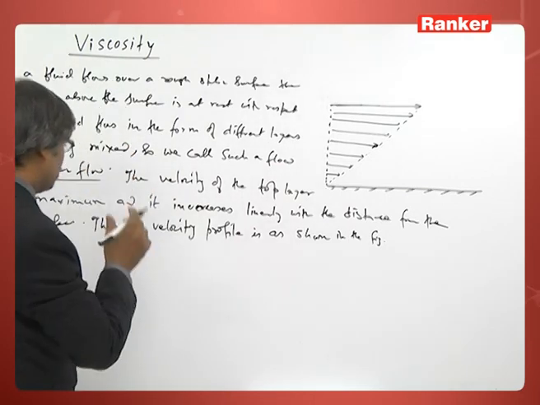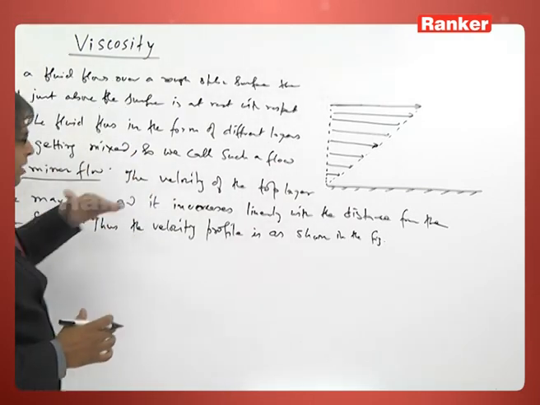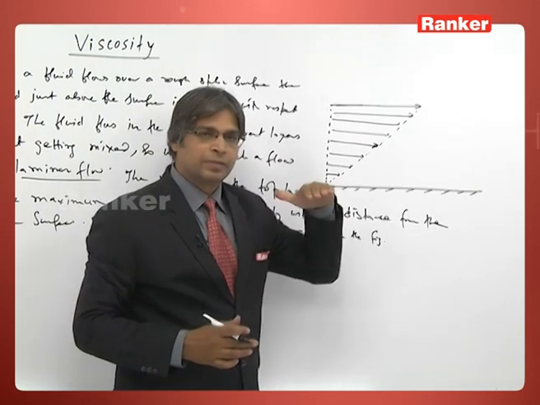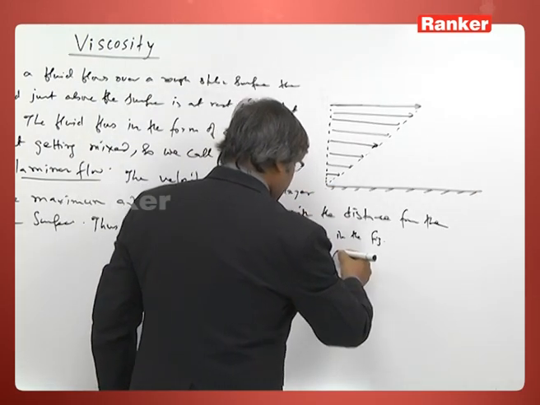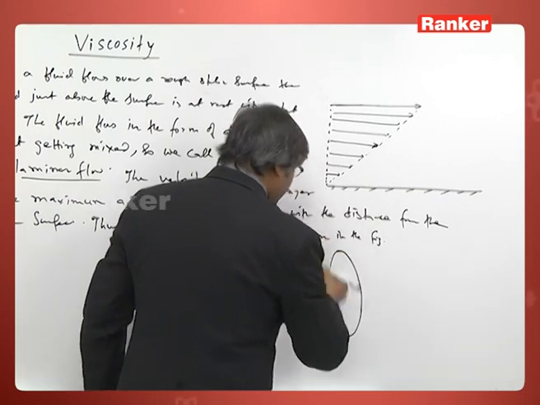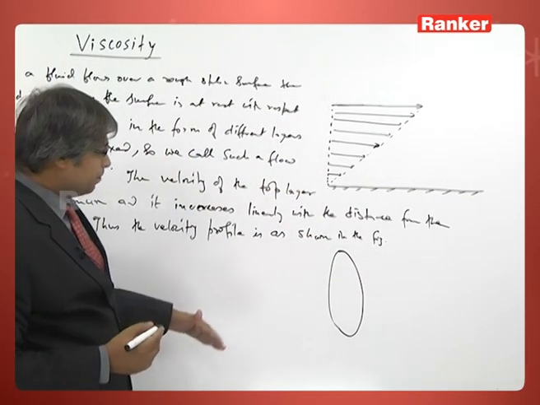Now, this is when the surface is a plane surface, but if we have a tube, what will happen?